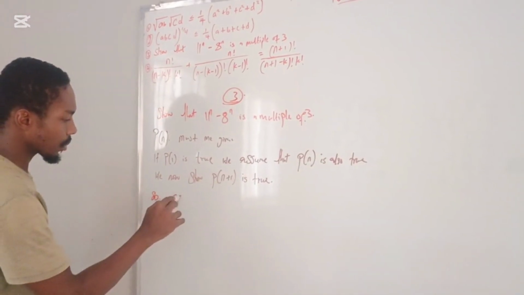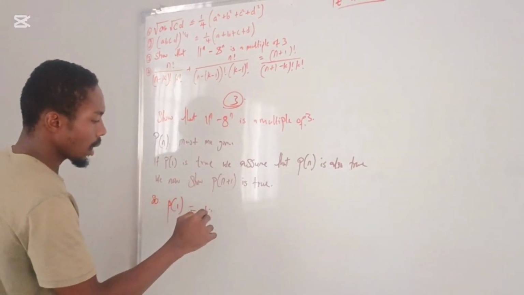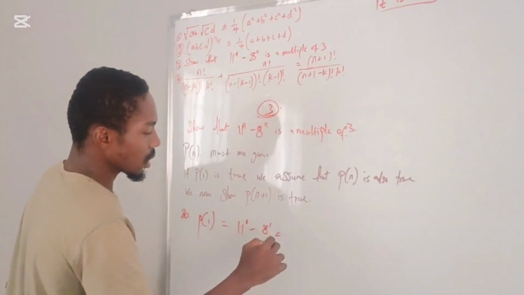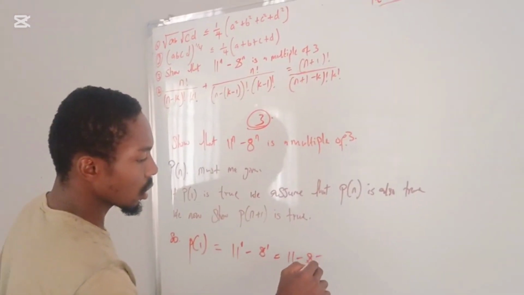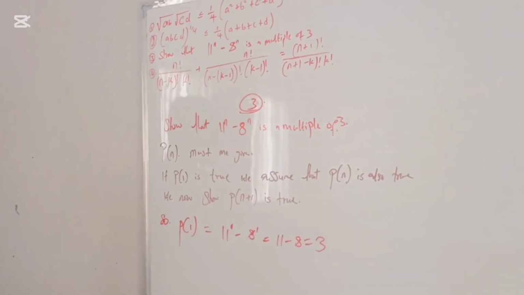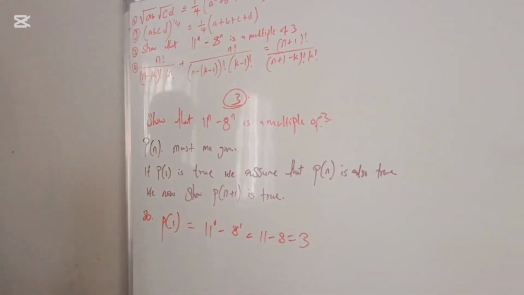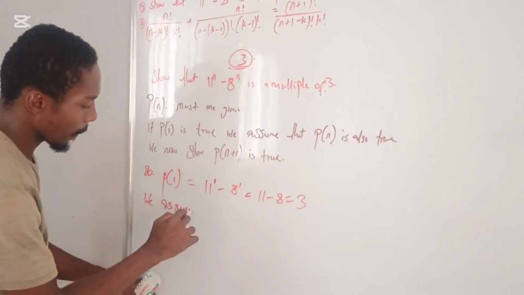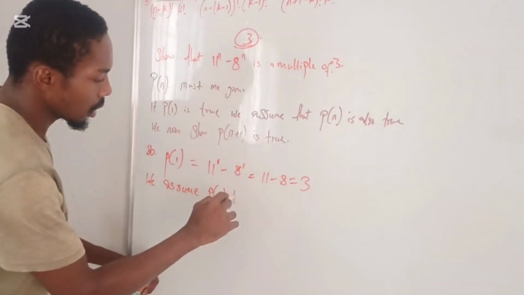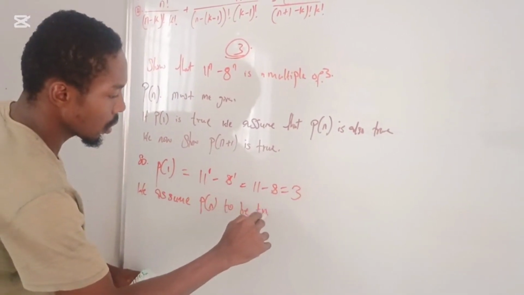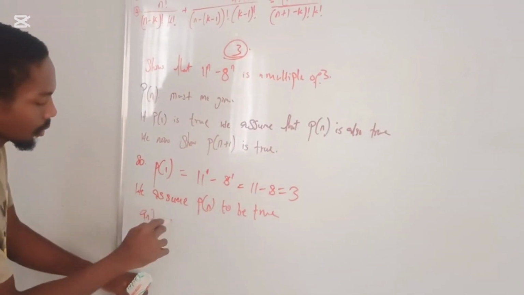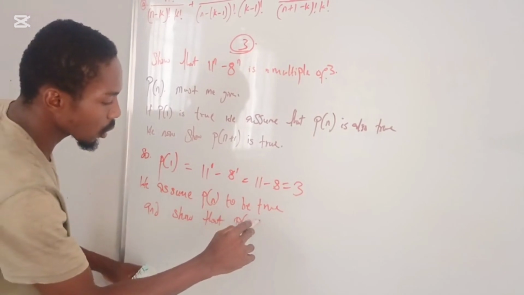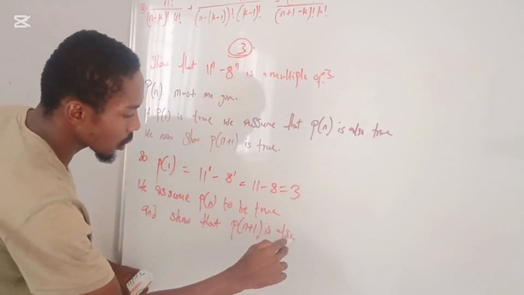P of 1 is equal to 11 raised to the power 1 minus 8 raised to the power 1, which equals 11 minus 8 to give us 3. So it means that P of 1 is true. Now we assume P of n to be true and show that P of n plus 1 is also true.